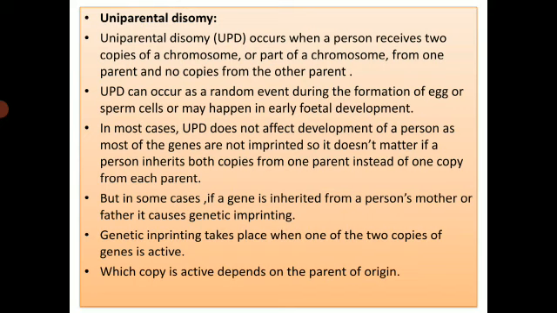So UPD can occur as a random event during the formation of egg or sperm cells or may happen in early fetal development. In most cases, UPD does not affect development of a person as most of the genes are not imprinted. So it doesn't matter if a person inherits both copies from one parent instead of one copy from each parent. Okay.